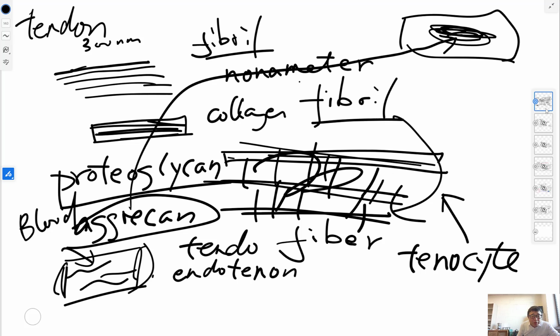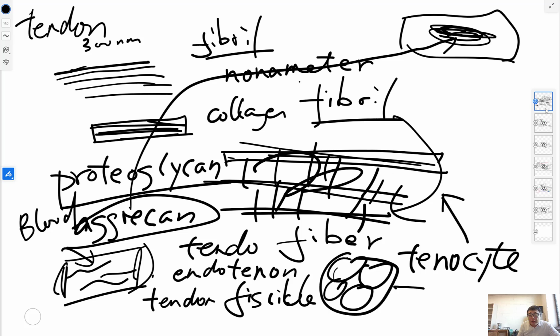When there's a blood vessel running through, this is called a tendon fascicle. A tendon fascicle means a bundle of tendon fibers that have blood vessels running through its endotendon.